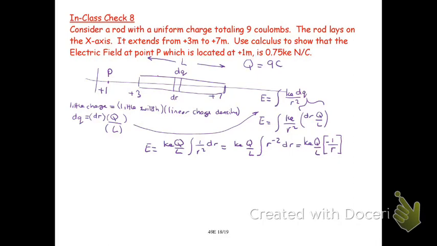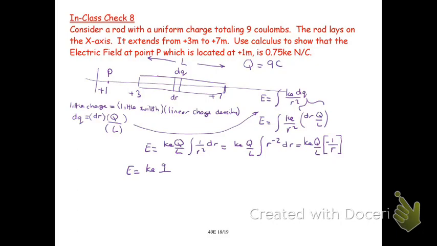So, oh, I need some numbers. So E is equal to, and we're going to say KE, Q over L, that would be 9 over, what is my L? What is the value of L? Is it 3?